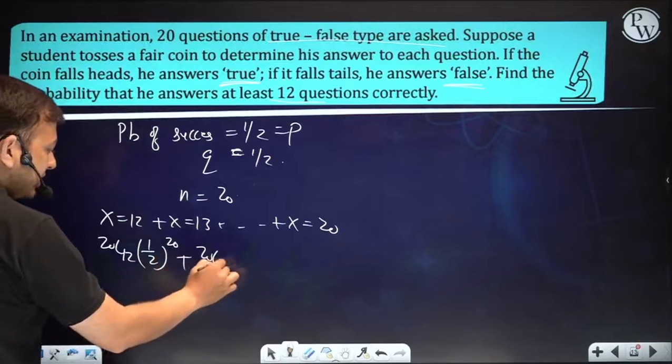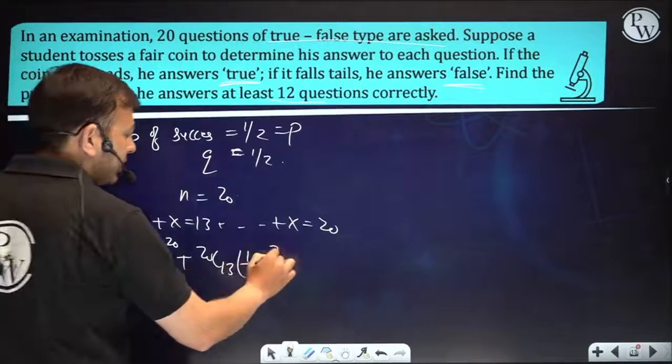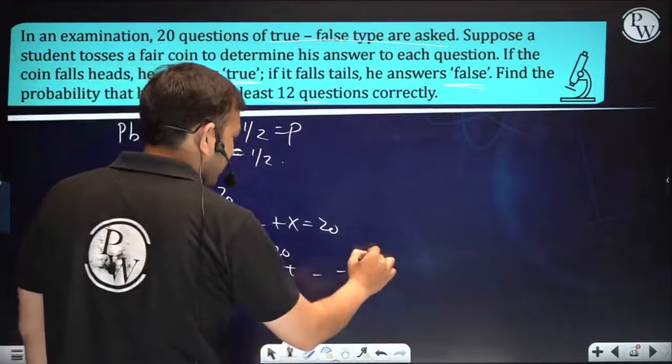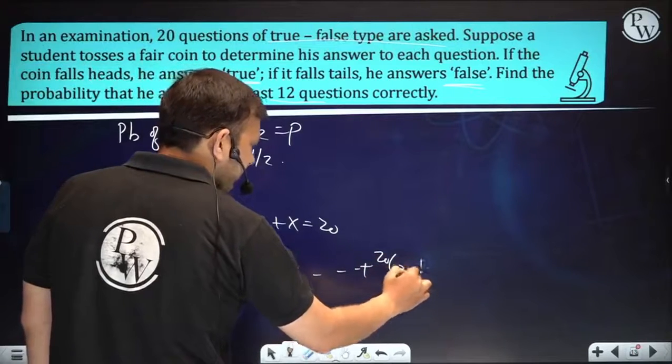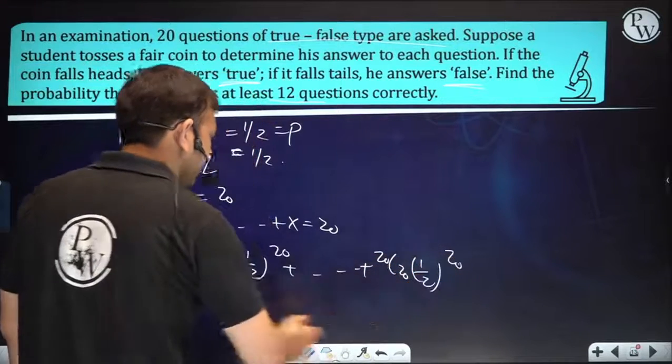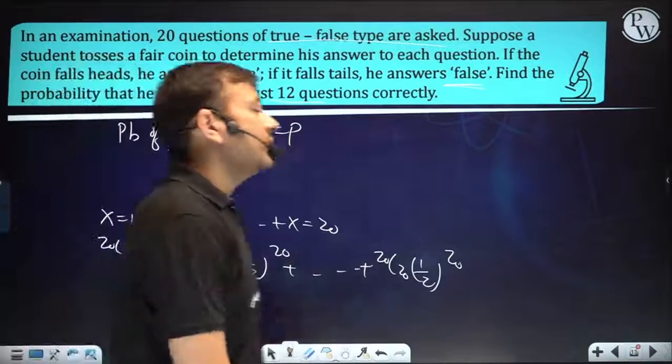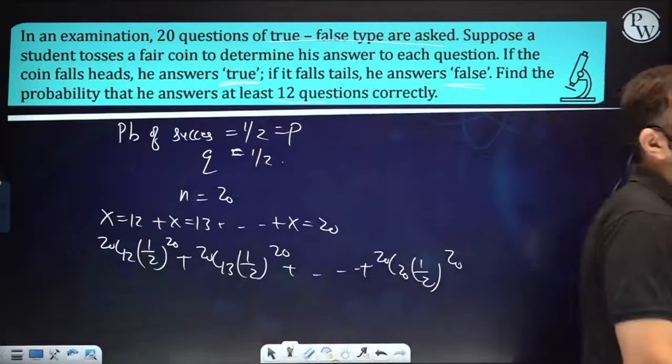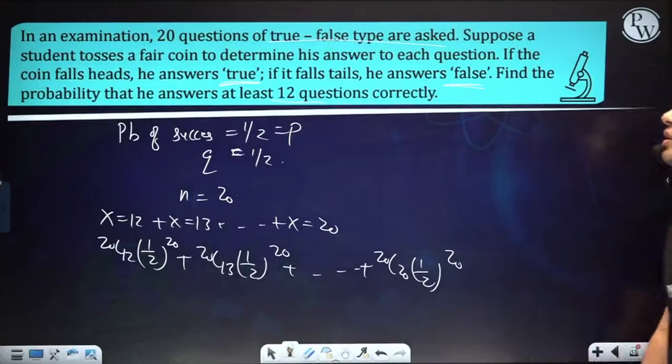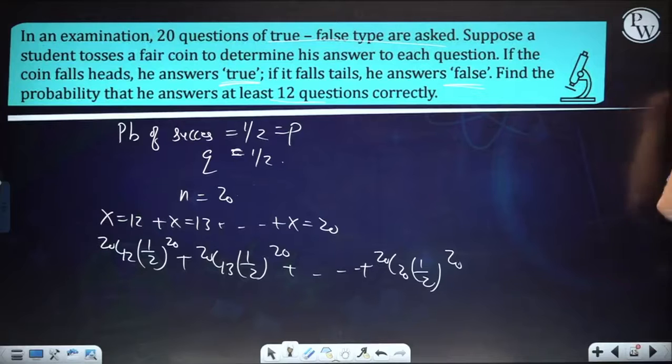So 20C13, 1 by 2 to the power 20, plus up to 20C20, 1 by 2 to the power 20, like this. You can simplify or you can leave it like this. This is just to explain the meaning of binomial trial. Okay, clear?